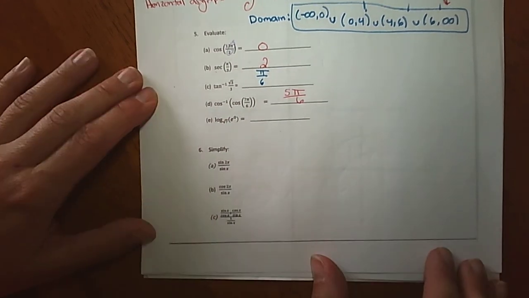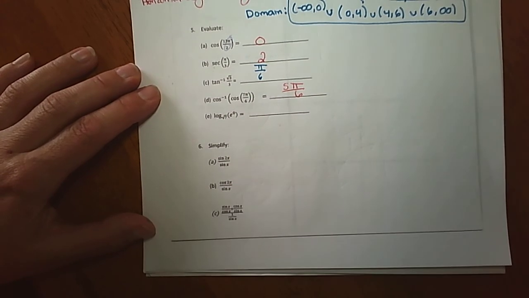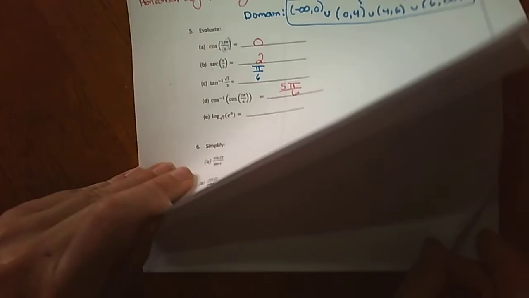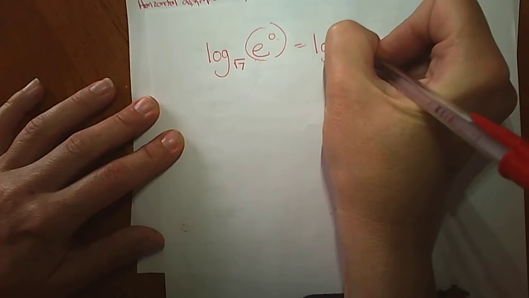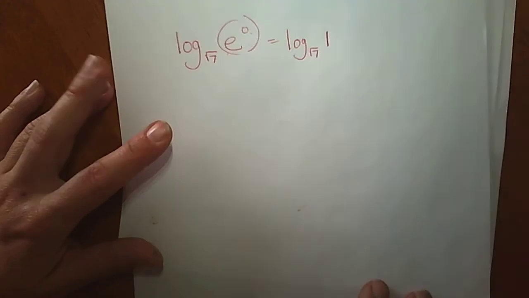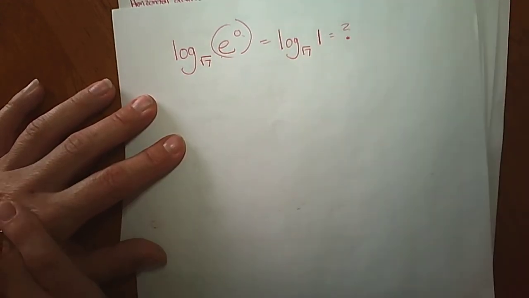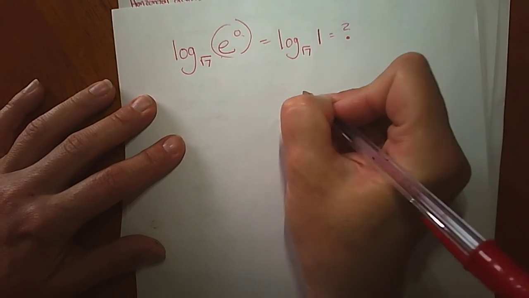And finally, let's take a look at this guy. So the last question on part number 5, which turned out to be a doozy, is log radical 7 of the power is 1. So now we got to find this answer. What the heck is this equal to? Well, we're going to bend this. What's the base?